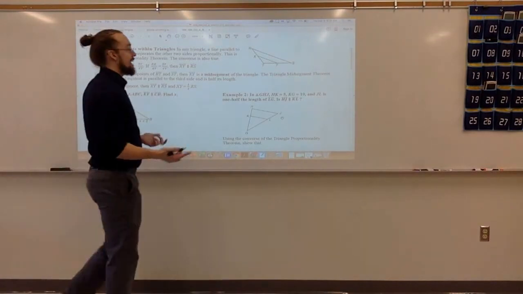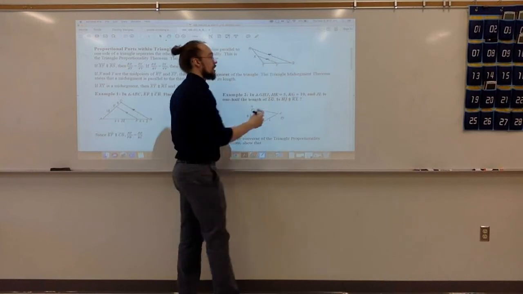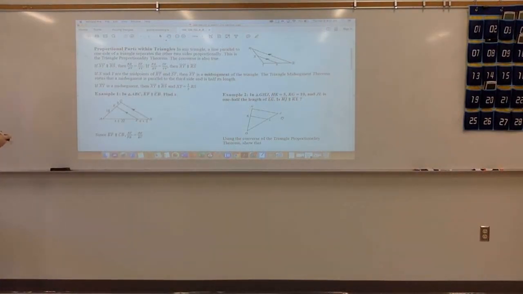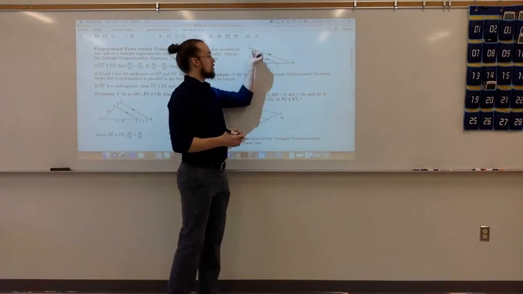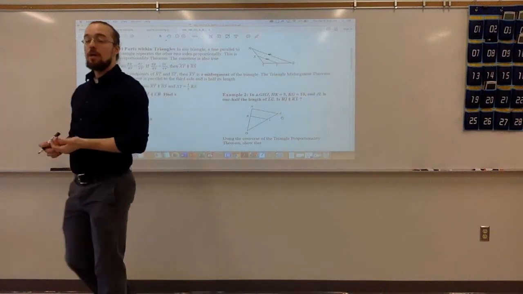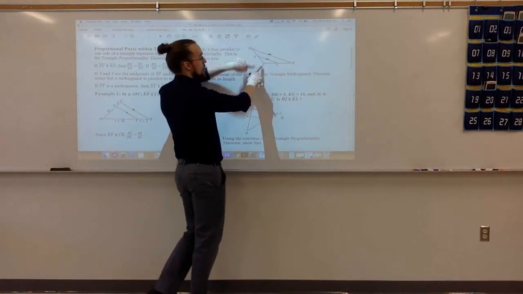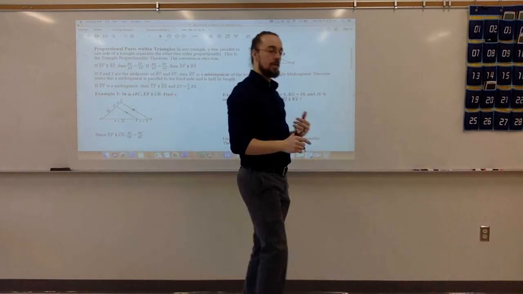But if I'm given that these two lines are parallel, I can just say that those parallel lines will split up these sides proportionally. So instead of looking at the entire length of one side of a triangle, I can just look at the pieces of the sides and match them up.